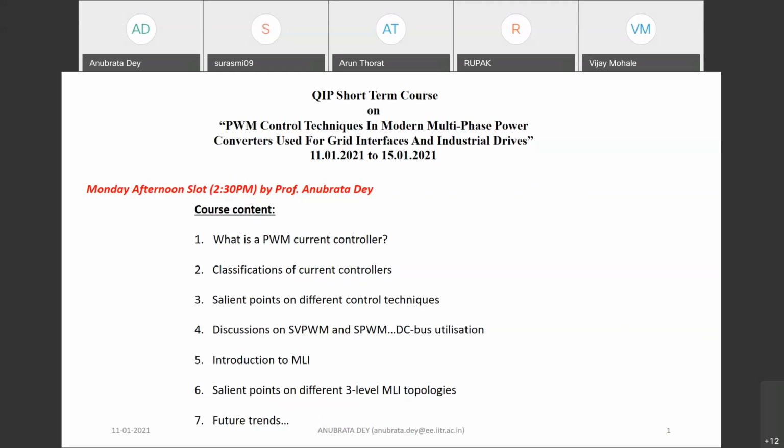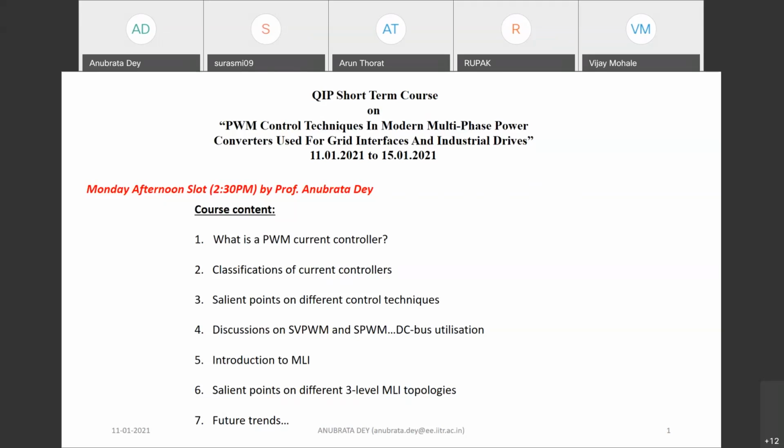Generally, when you say low frequency switching, we mean one switching or two switchings in a fundamental cycle. But when you go more than that, maybe more than 10 switchings in a fundamental cycle, we call it high switching devices.